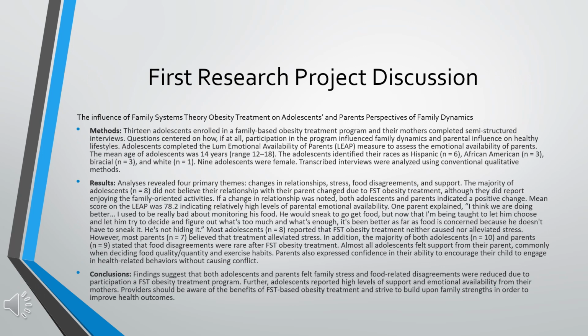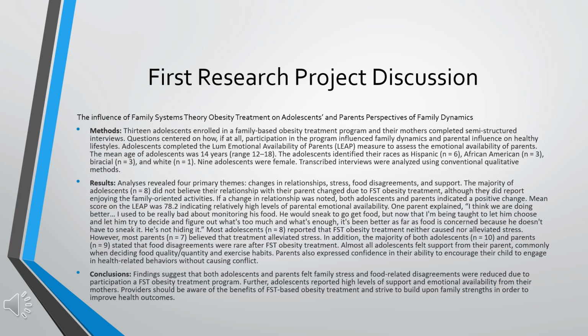The first research project discussion was the influence of family systems theory obesity treatment on adolescents and parents' perspectives of family dynamics. In this research project, 13 adolescents enrolled in a family-based obesity treatment program and their mothers completed semi-structured interviews. Questions centered on how, if at all, participation in the program influenced family dynamics and parental influence on healthy lifestyles.